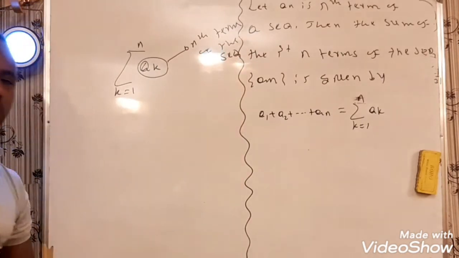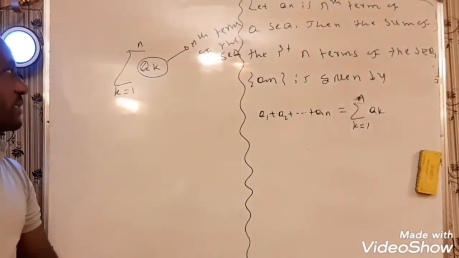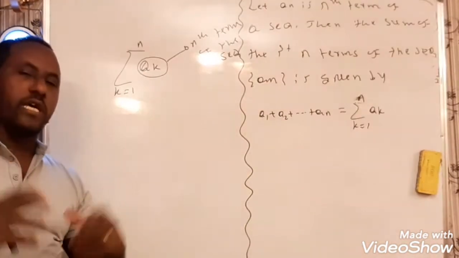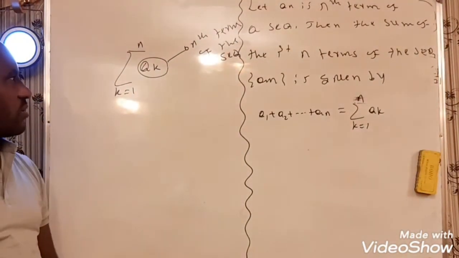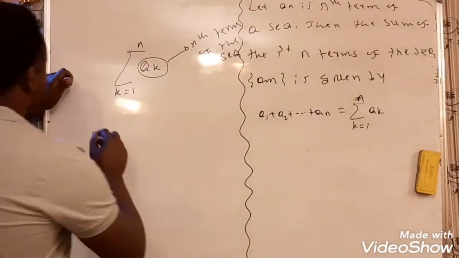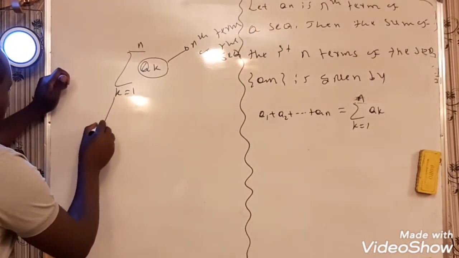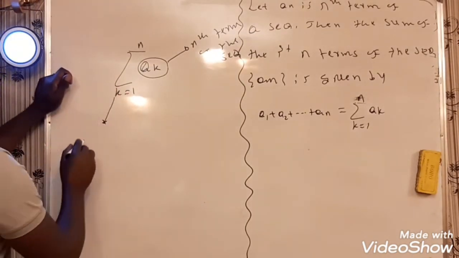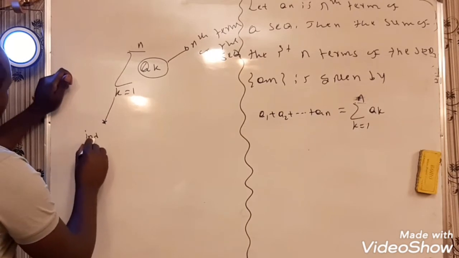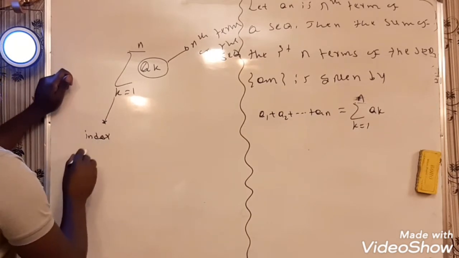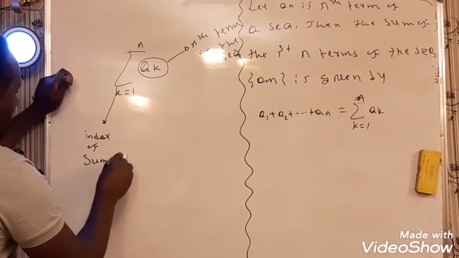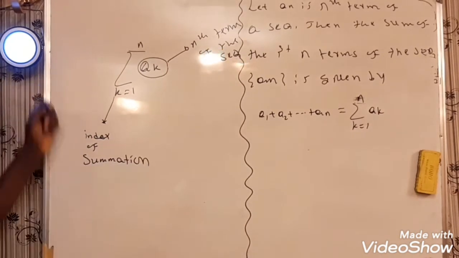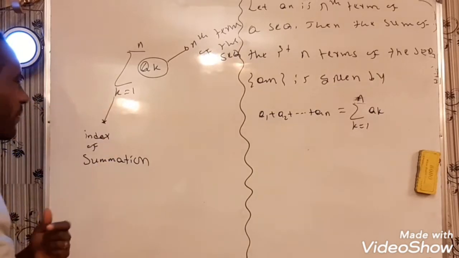We don't know the kind of the sequence, but this is the general term for an arbitrary sequence as a whole. If you consider this formula, this k is the index of summation.